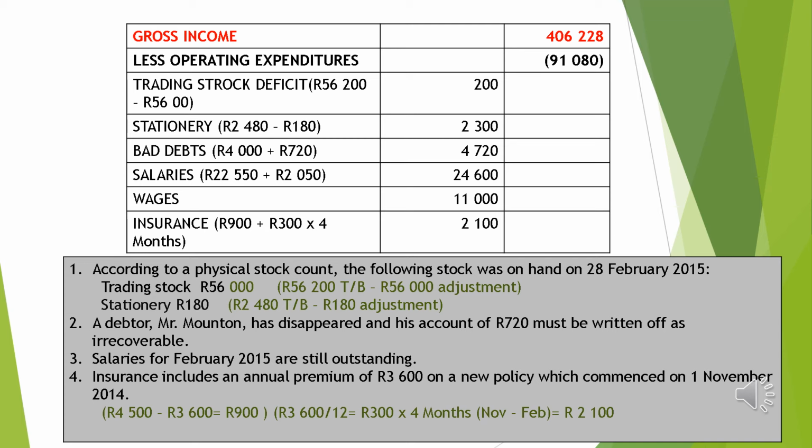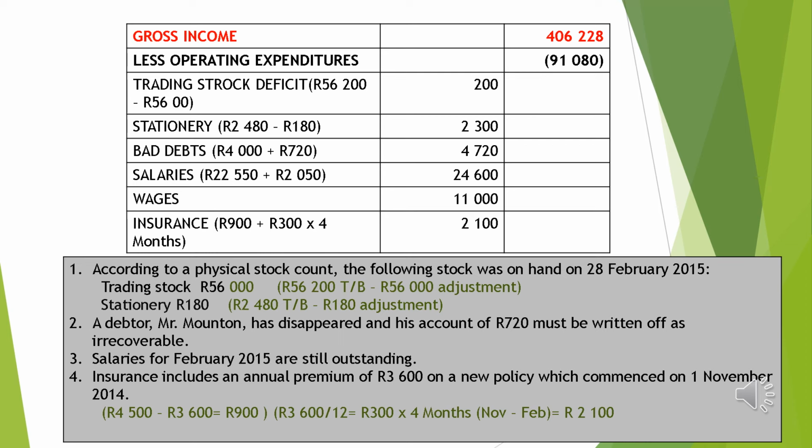So the amount that was found through the stock count exercise is 56,000. It's less than the amount as per the trial balance. So we will need to reduce the amount as per the trial balance to the most reliable figure, which is 56,000 Rand discovered through the stock count.